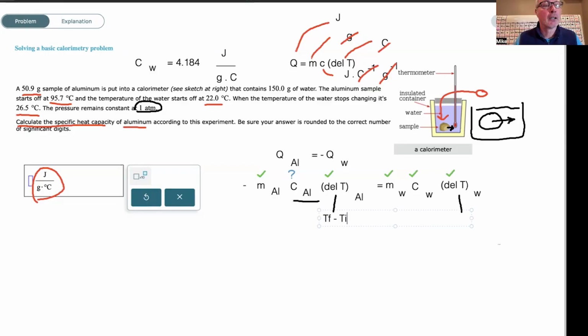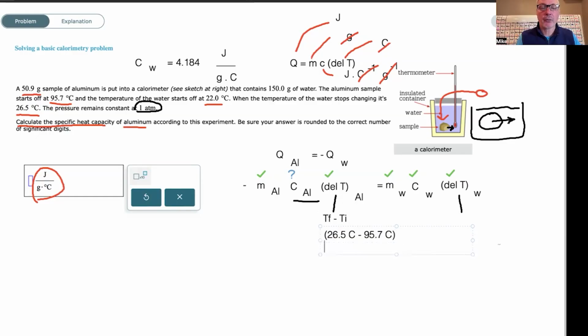Read it slowly. So the aluminum was initially at 95.7 degrees. And then finally, both of these objects ended up at 26.5. So for the aluminum, delta T is final 26.5 degrees C minus 95.7 degrees C. All right.